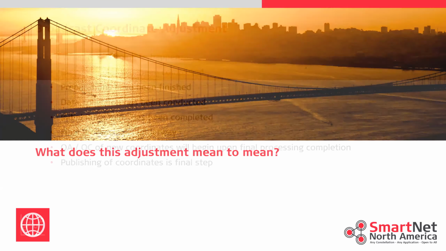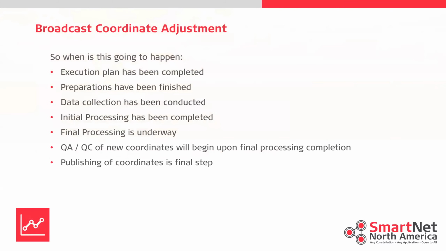It's very mean. Well, just to give you an idea of what's going on, we've got an execution plan that's been completed. Preparations have been finished. Data collection was conducted. Initial processing was completed. Final processing is actually not underway anymore.